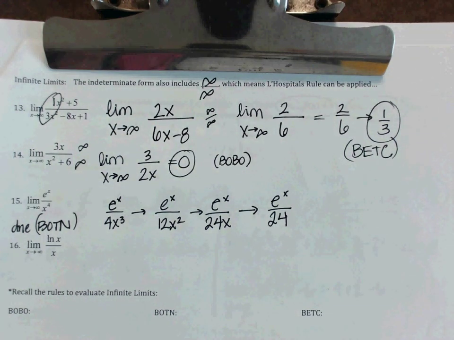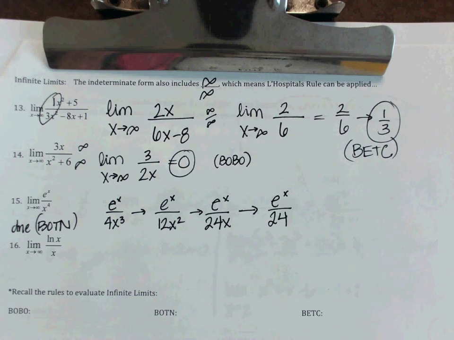Okay, now listen. As I do L'Hopital's rule, remember we came up with that list of who's the most powerful? And we said e to the x is the biggest function. Why? Because its derivative is itself. So the bottom keeps shrinking. It's a fourth, it's a third, it's a second, it's an x, then it goes away. But e to the x, your exponentials, stay the same size forever. That's why exponentials win.